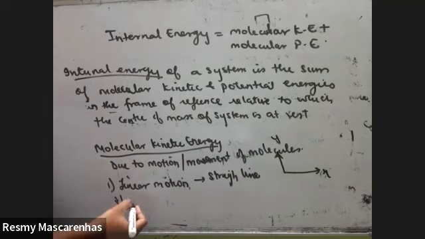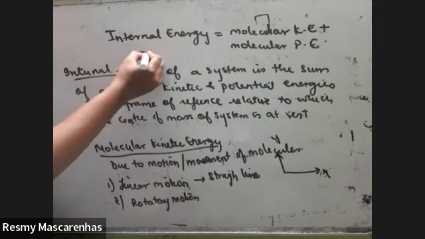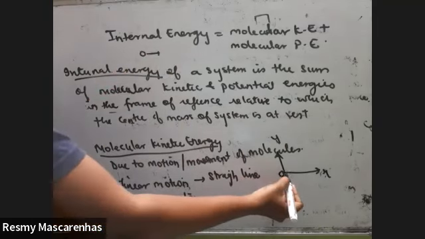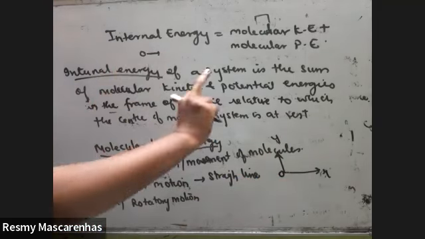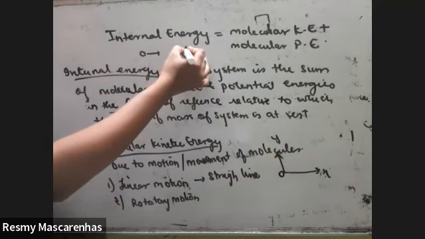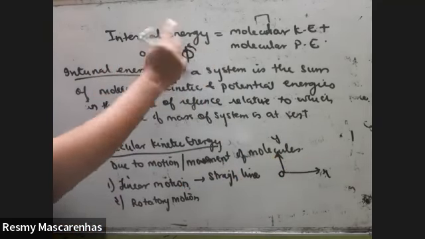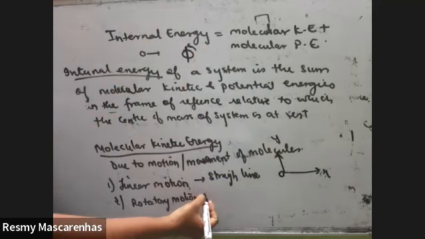Second one is rotatory motion. Means what is happening, the molecule could go this side or the molecule could go upwards. Rotatory motion means the molecule is rotating among itself, it's spinning. Okay, the molecule is spinning among itself, so that is called as rotatory motion.